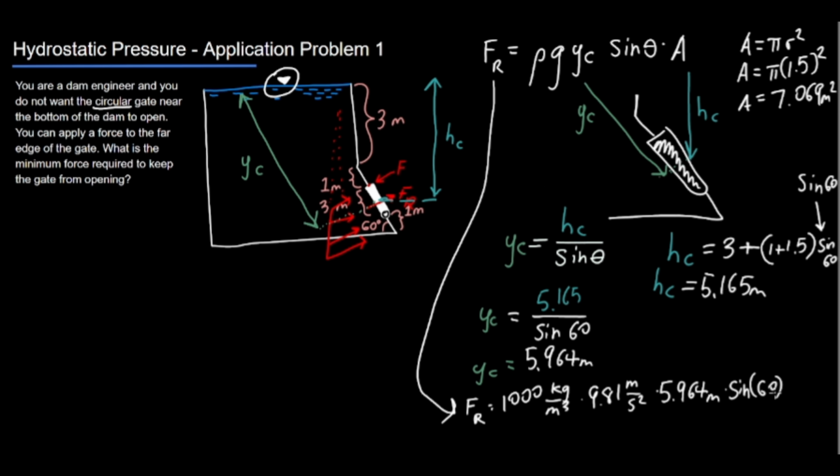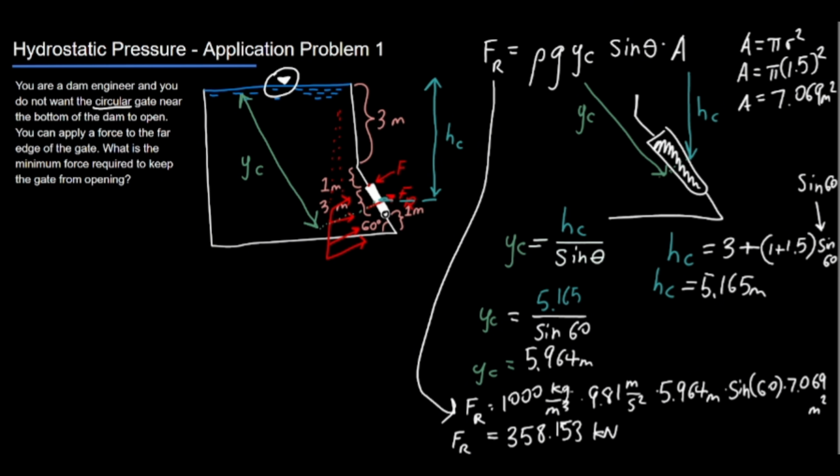We'll try and put that in parentheses, and then if we can fit this in, 7.069 meters squared. So FR comes out to 358.153 kilonewtons.